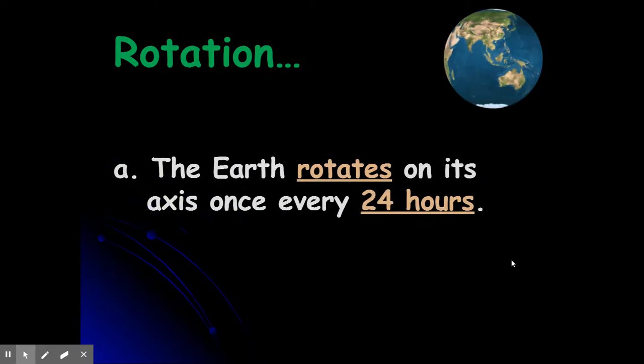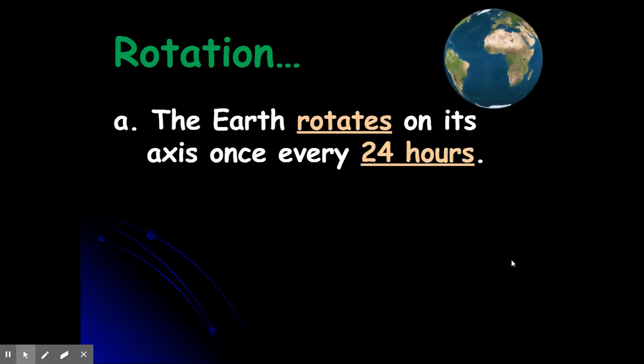So rotation, again, the Earth rotates on its axis once every 24 hours. So you see the spinning Earth at the top again, which is not completely accurate because that Earth is not tilted. But that is basically what rotation is. It takes the Earth 24 hours to spin one time. Now, to be technical, it takes 23 hours and 56 minutes, but it would be very hard to base our clocks on a 23-hour, 56-minute day.